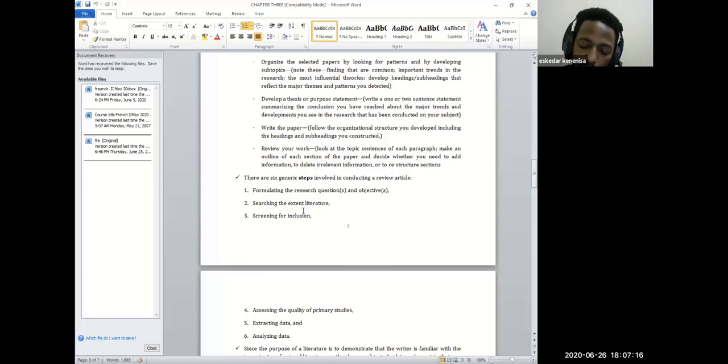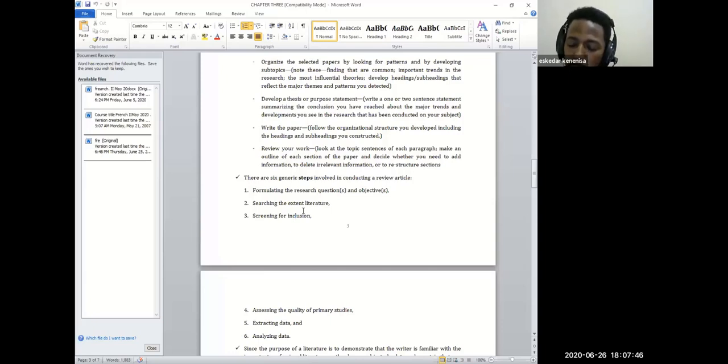You have to identify the data that are useful for your topic. Then you make the analysis. Here comes the analysis part, because, as I have said, a literature review is a synthesis of the literature. You have to analyze the data and reorganize the available data.